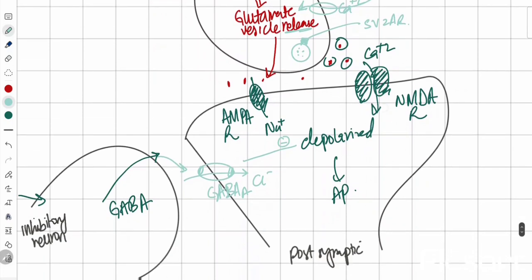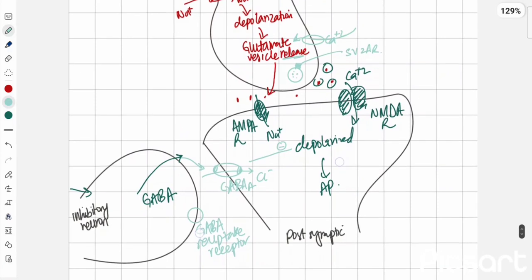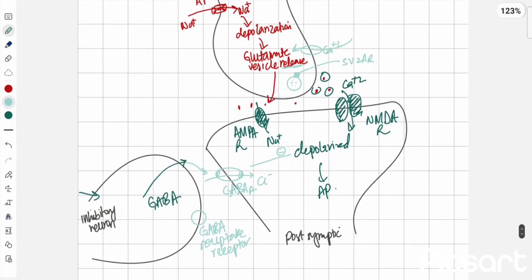And there is another receptor on the inhibitory neuron, called the GABA reuptake receptor. This reuptake receptor is going to take up all of the GABA in the synaptic cleft.